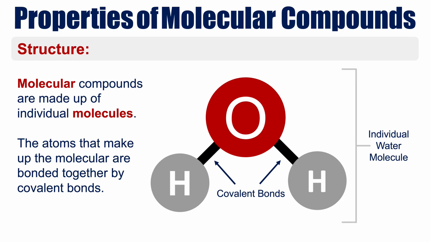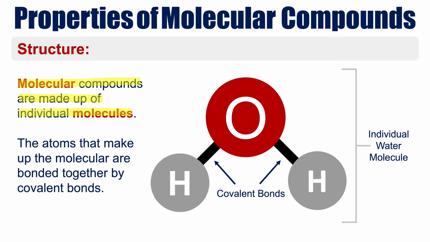The key thing is a molecular compound is made up of individual molecules. The words molecular and molecule sound similar, so connect them. Each individual molecule is made up of nonmetals held together by strong covalent bonds.